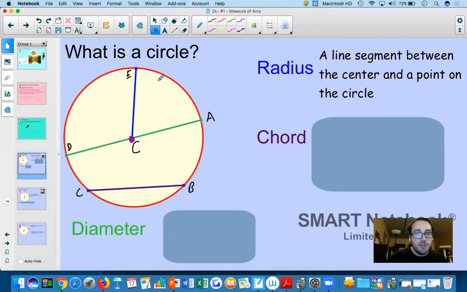Okay. So for example, a radius is a line segment from the center to a point that's on the circle. So there's actually a couple of radii. So from the center to the circle, for example, this blue line, CE, is an example. C to A is also an example. And C to D is also an example.